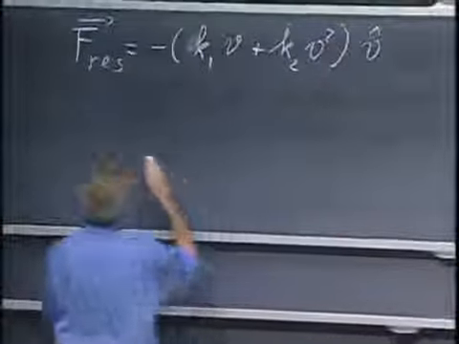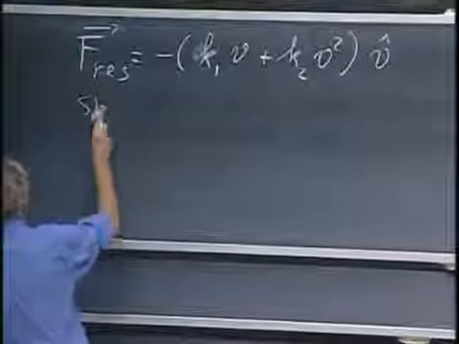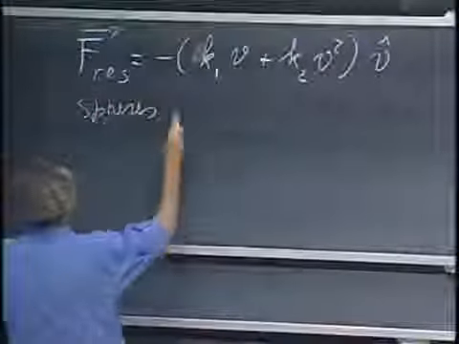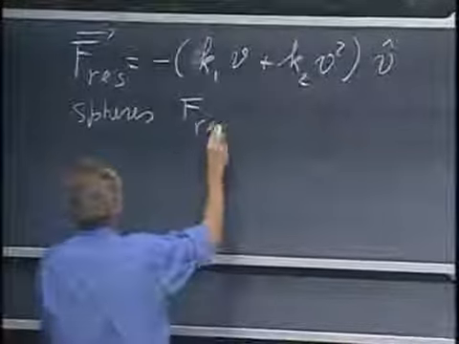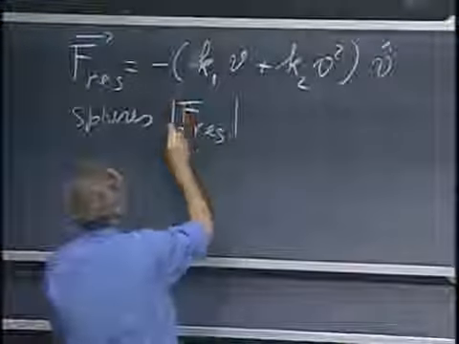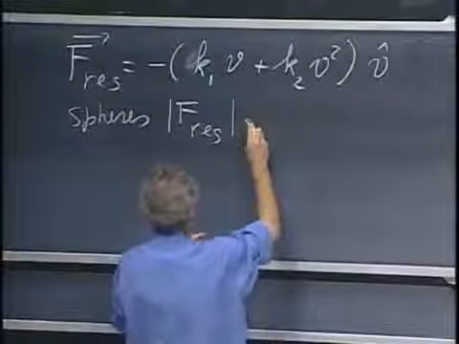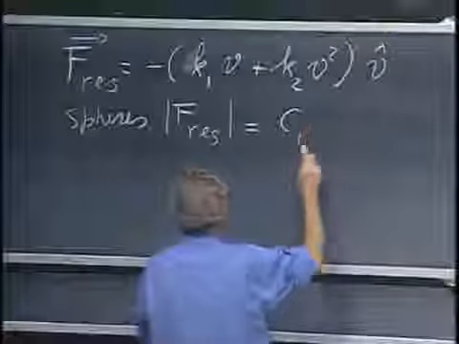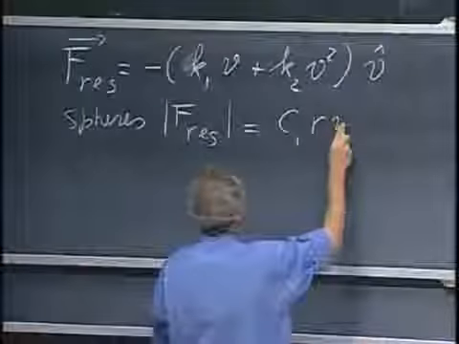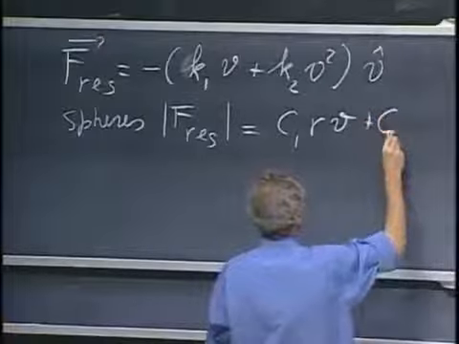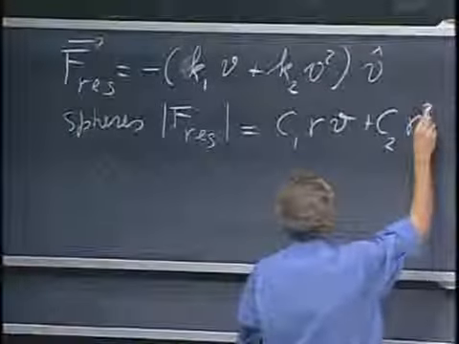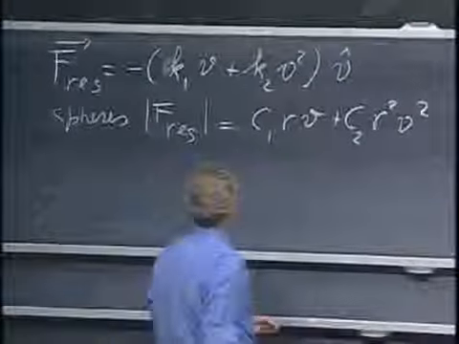And when we deal with spheres, we're going to get that the magnitude of the force equals C1 times r times the speed plus C2 times r squared times v squared.